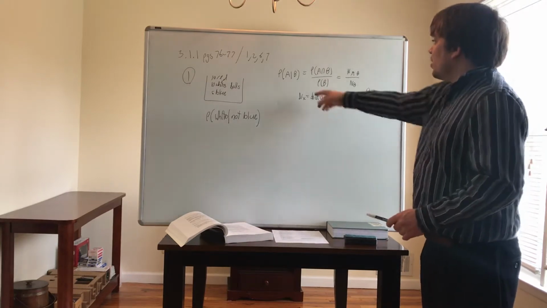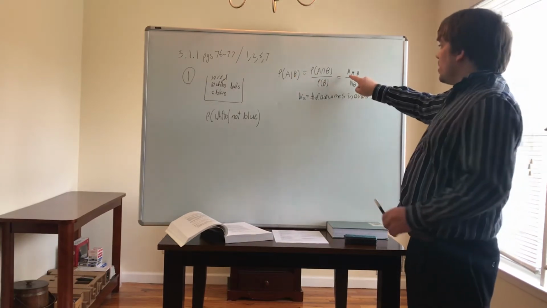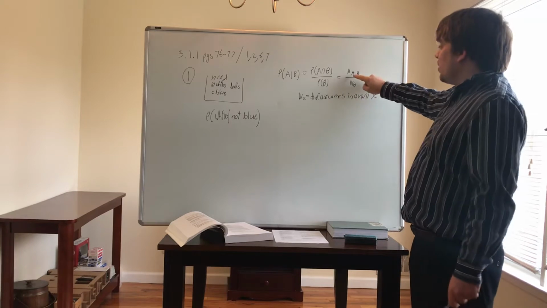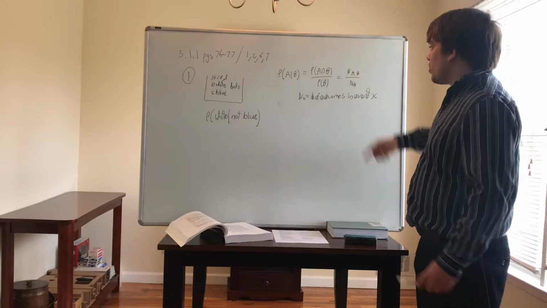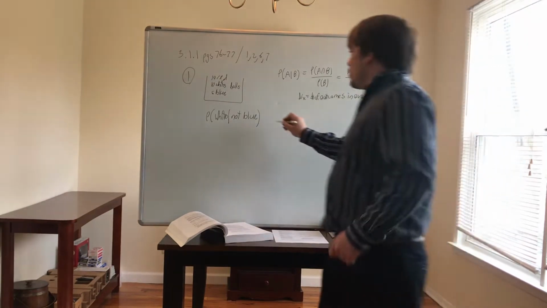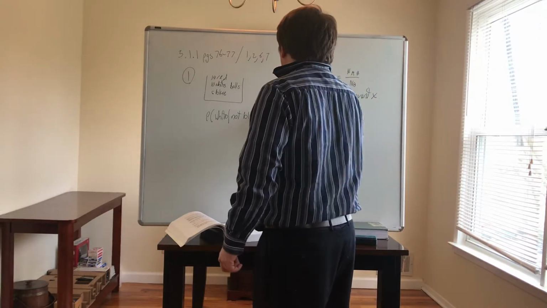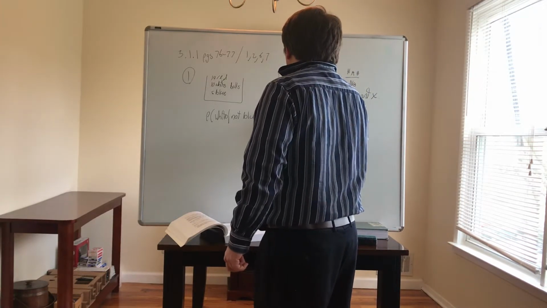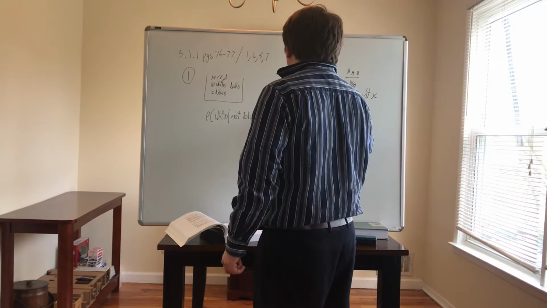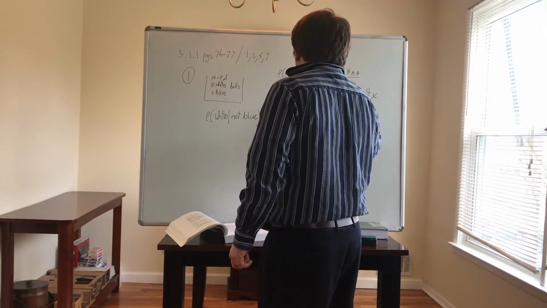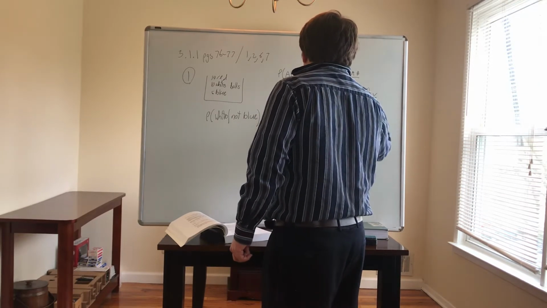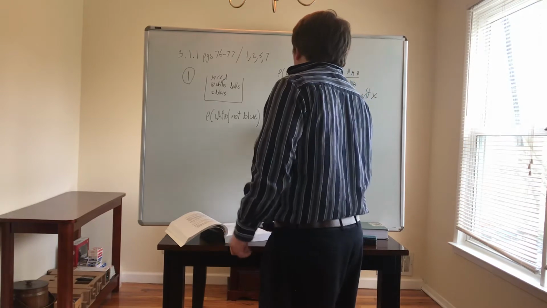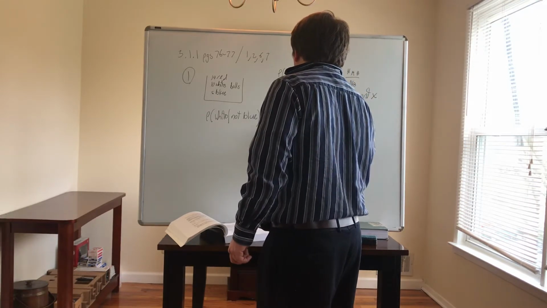So the probability of A given B is the number of outcomes in the event A and B over the number of outcomes in B. This is the number of outcomes in which you choose a white ball that is not blue over the number of outcomes that are not blue.